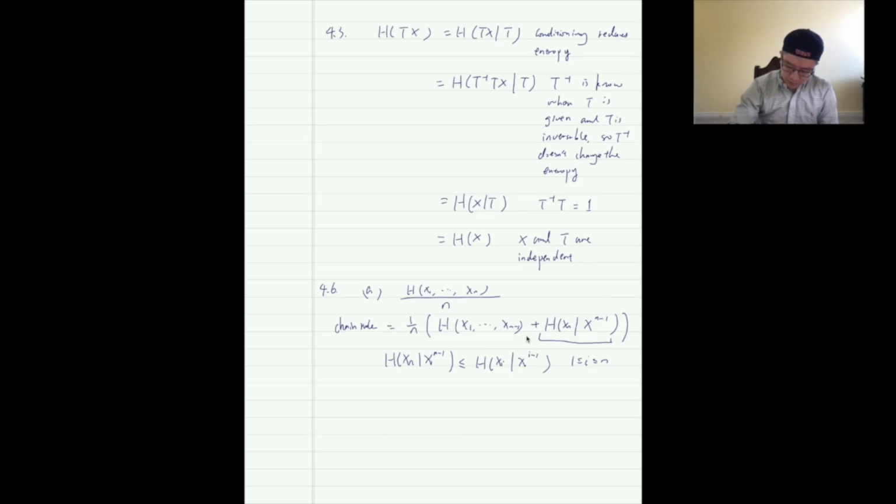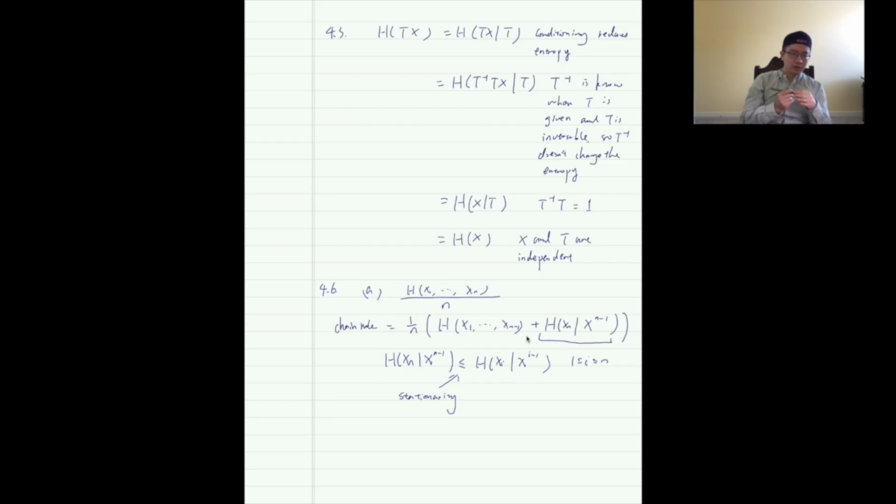Okay, so this is because of the stationarity. From the stationarity you can show this, because as i increases, that will be a decreasing function, right? So we know that. Okay, so now given that, this is for each i, right?